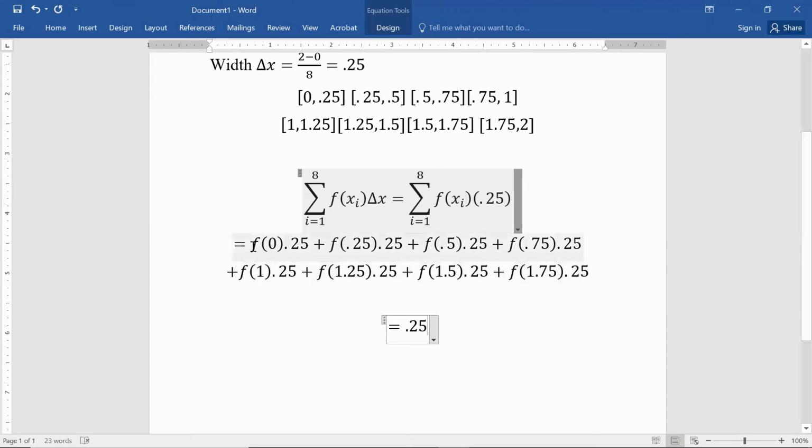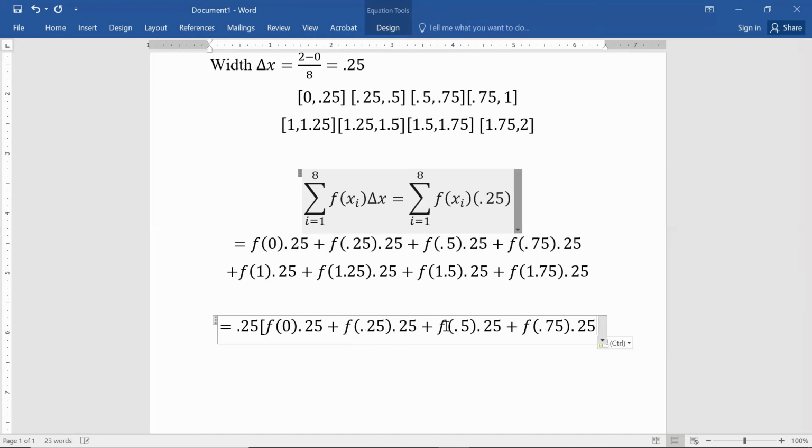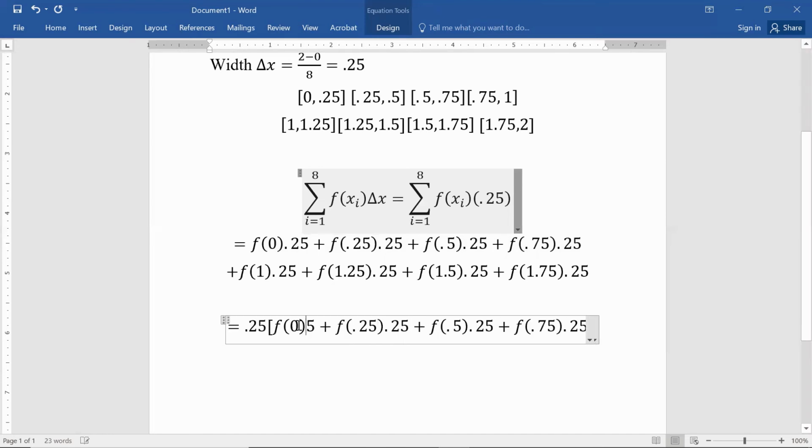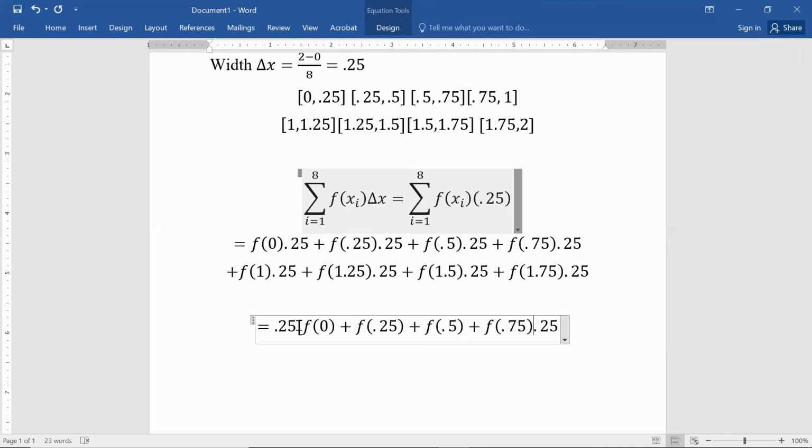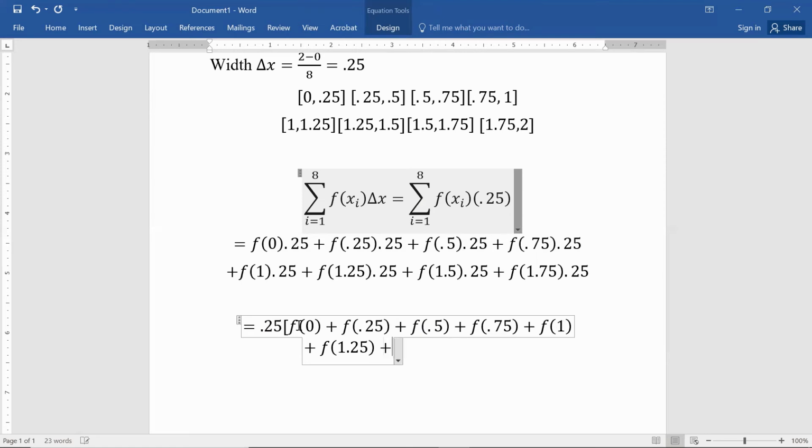That means if I want to do this in a little bit easier manner, I can factor out 0.25, and then my expression in here just becomes f of 0 plus f of 0.25 plus f of 0.5 plus f of 0.75 plus f of 1 plus f of 1.25 plus f of 1.5 plus f of 1.75.